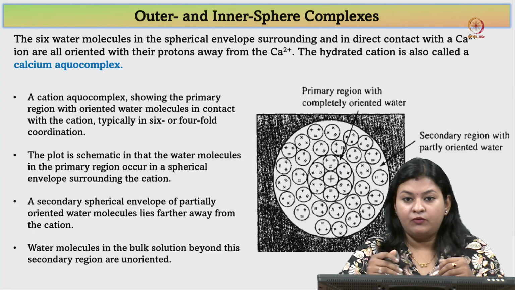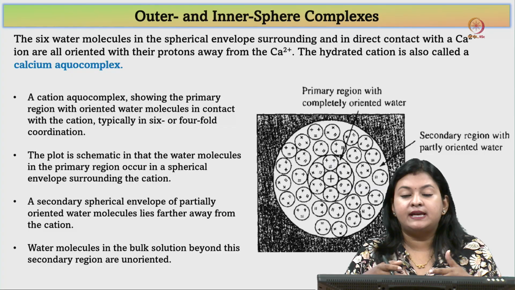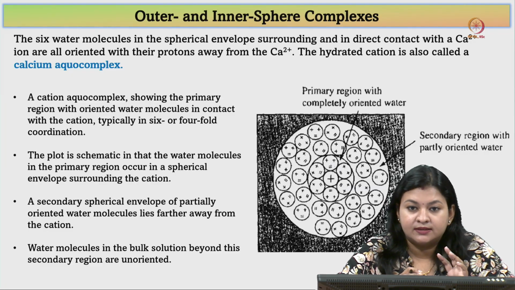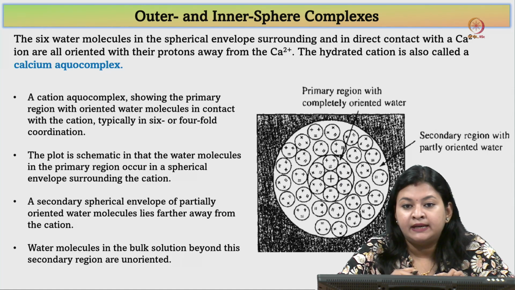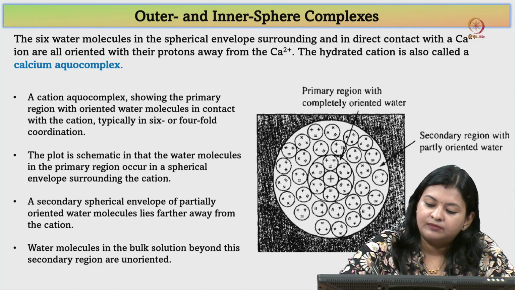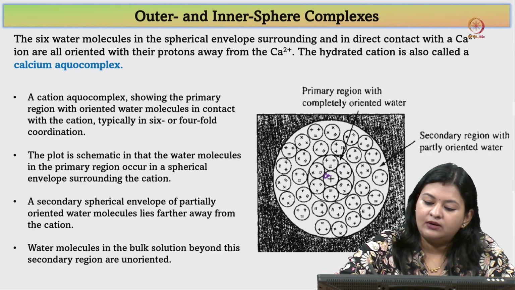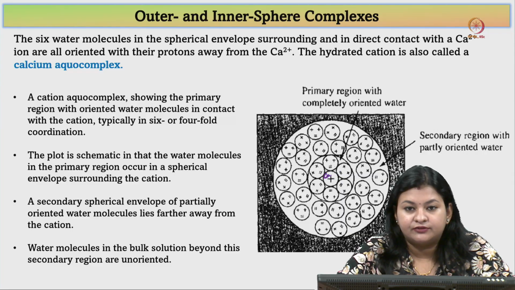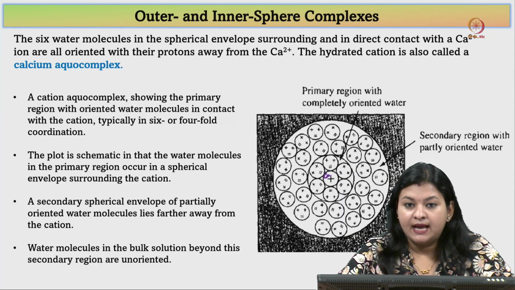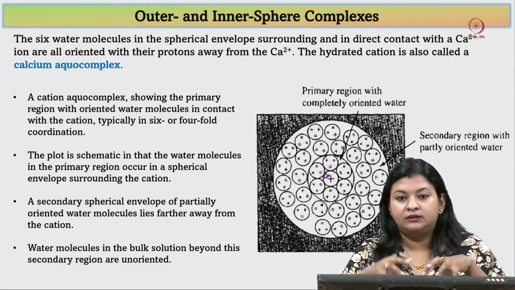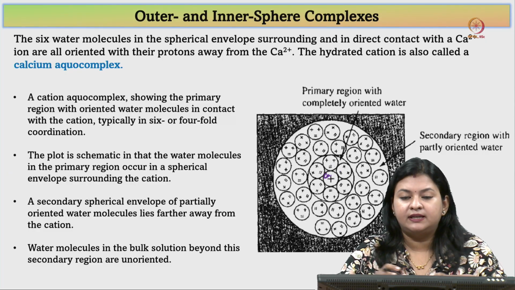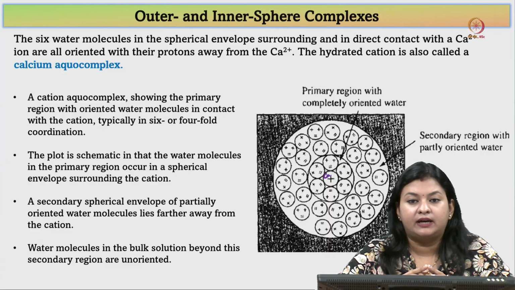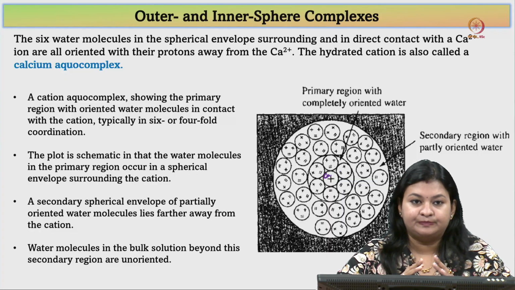And all the water molecules have directed their negatively charged zones, that is the oxygen, towards the calcium ion. So, this is the calcium, and all the oxygens are directed towards that positive charge. Depending on the arrangement, 6 molecules can fit in directly in contact with the cation, which here is calcium.